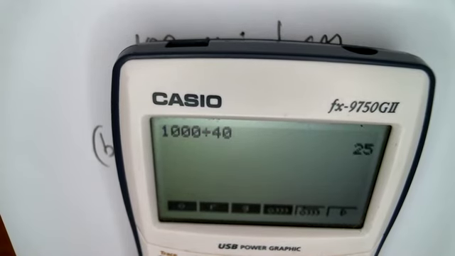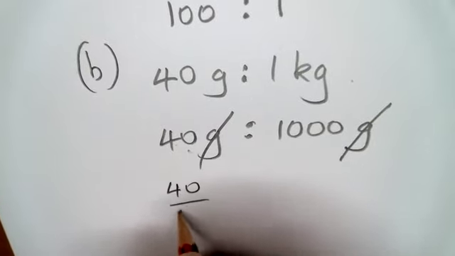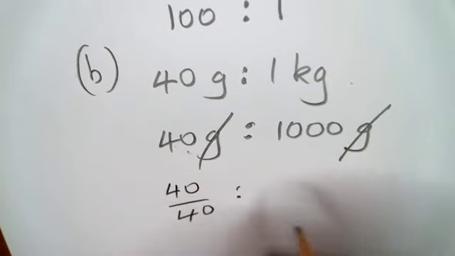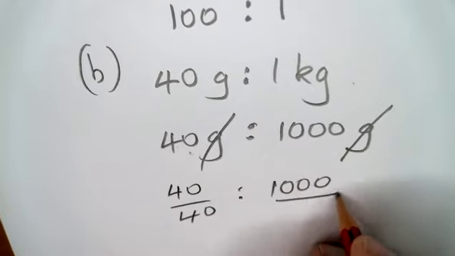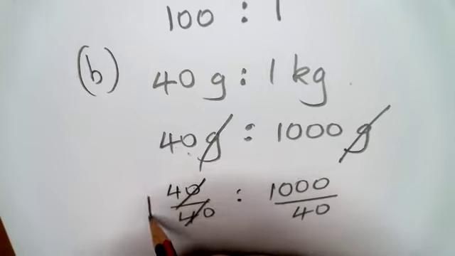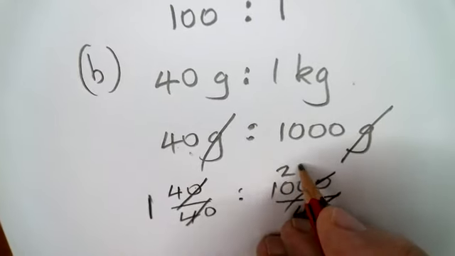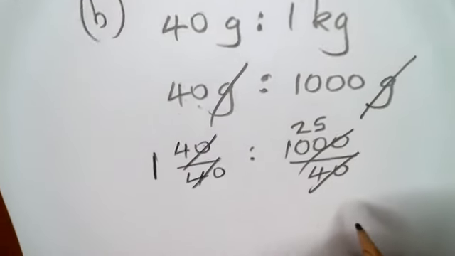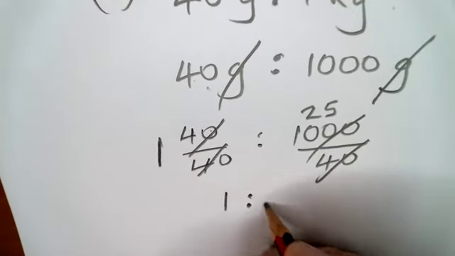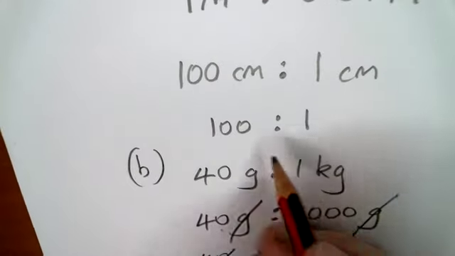Oh, it goes in perfectly. It's actually 25. So I'm going to divide 40 by 40 and divide 1,000 by 40. Well, 40 goes into 40 one time, and 40 goes into 1,000 25 times. So the ratio is 1 to 25. There are my ratios so far.